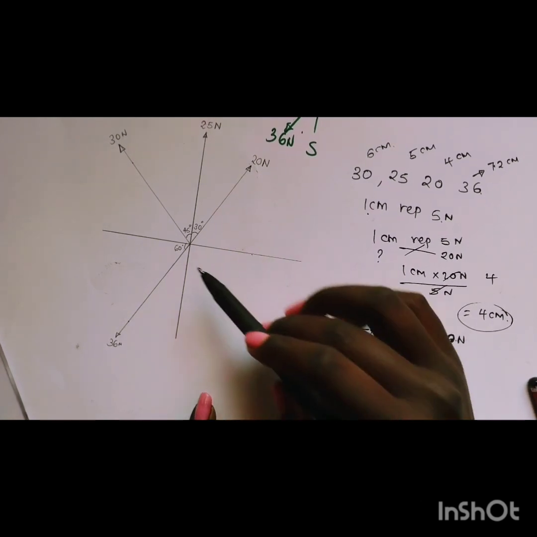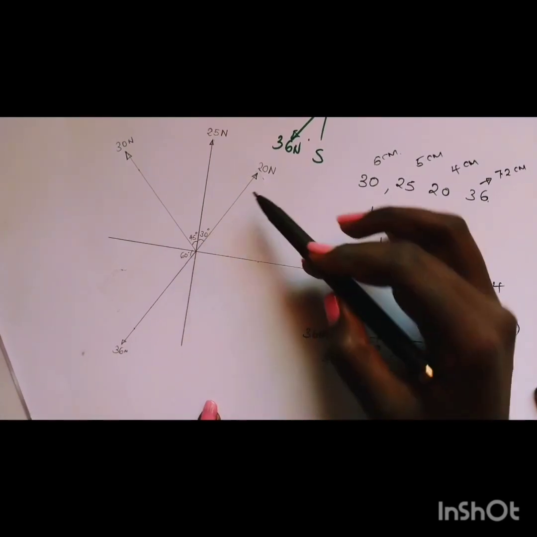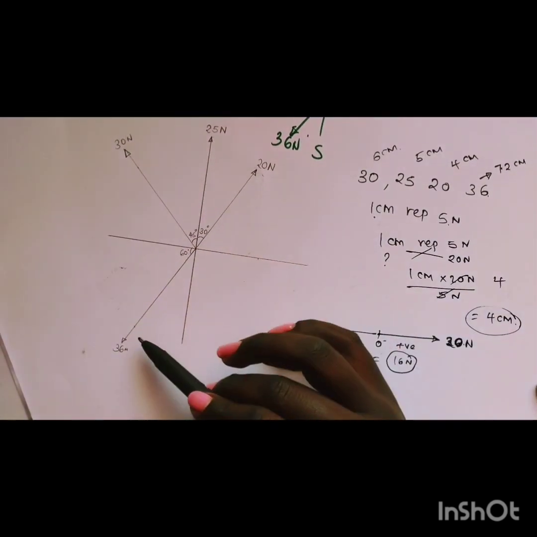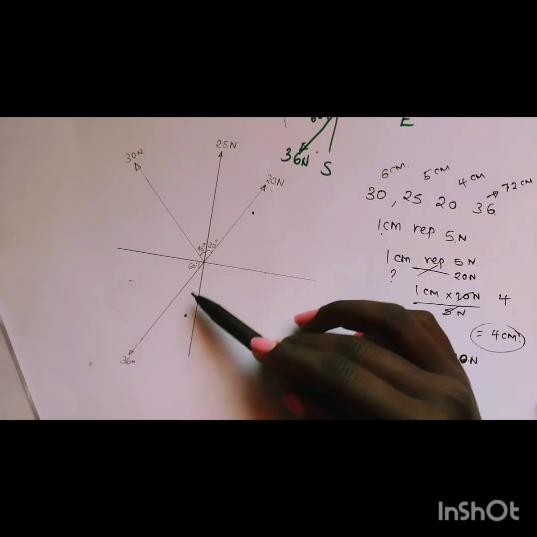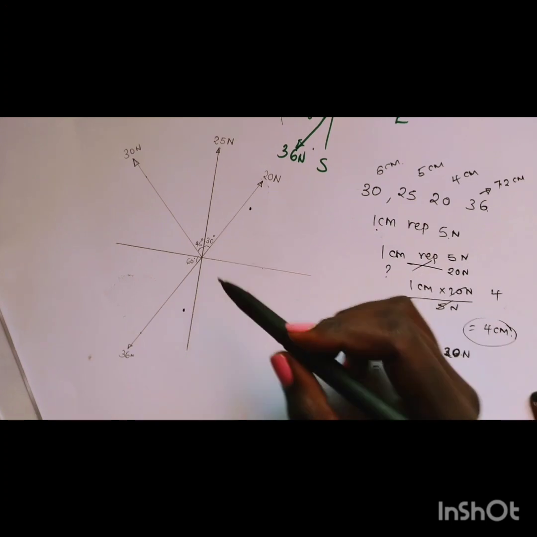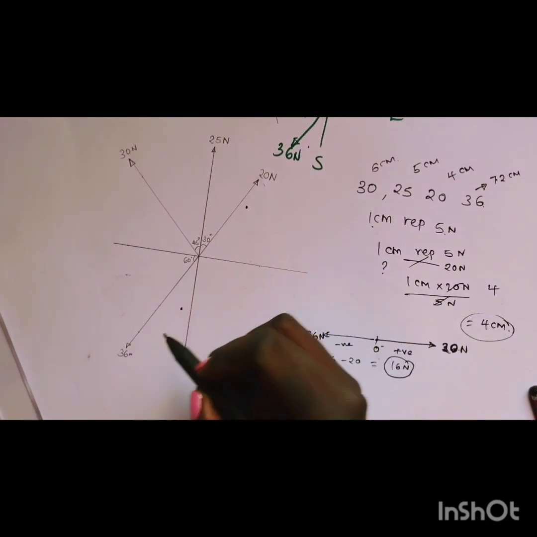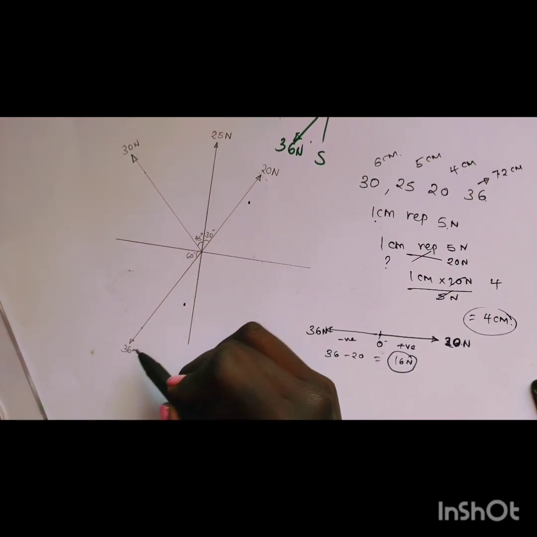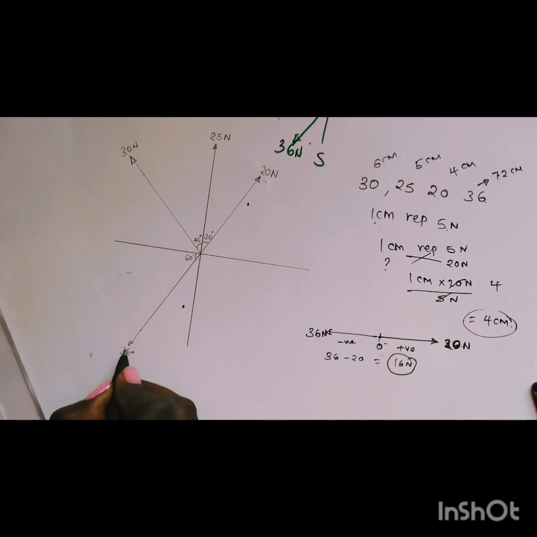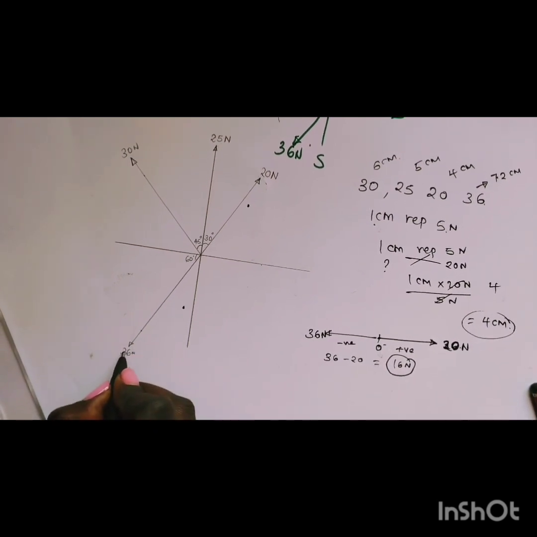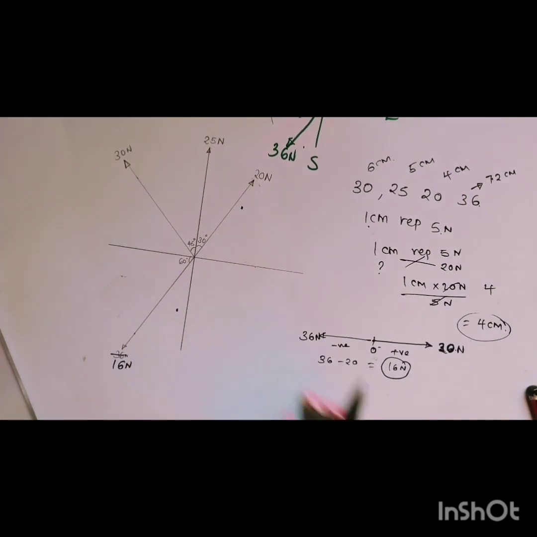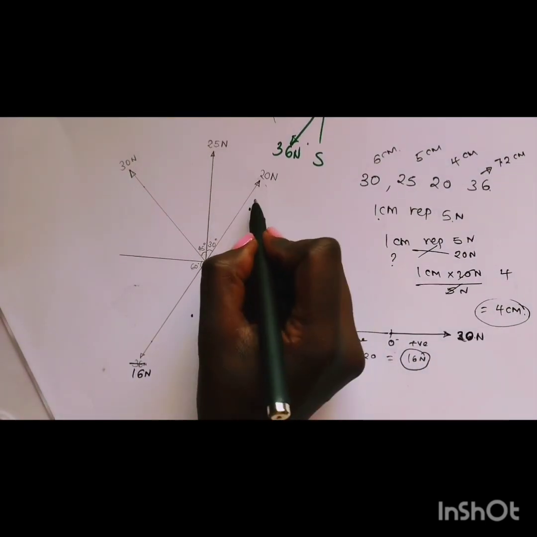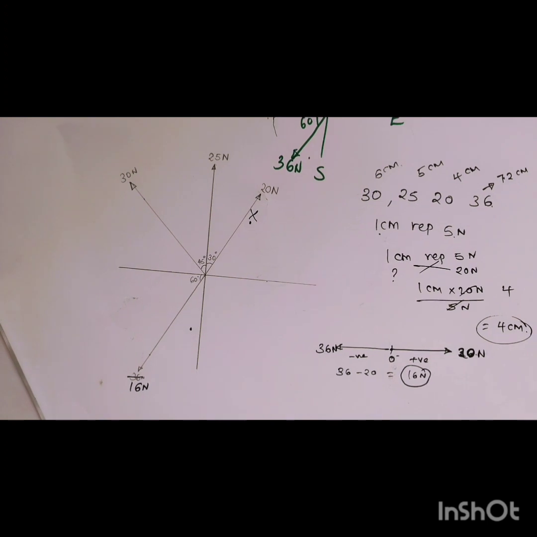Now, get back to our diagram. 60 and 30, 20 newtons here and 36 newtons here, and they are stretching. So we get the difference of the two, and we will have to remove the 20 Newton force and replace the 36 Newton force with 16. So we will now use our new value here as a 16 Newton force inclined at 60 degrees. So we do away now with the 20 Newton force.